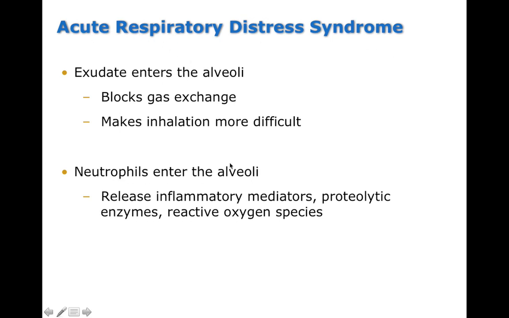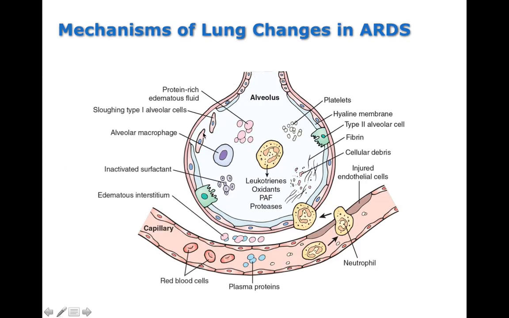Now, neutrophils can also enter the alveoli and release proteolytic enzymes and reactive oxygen species that cause further damage of the alveolar septa. So if you look at the pathogenesis of ARDS, there's some sort of precipitating damage here that causes sloughing of the type 1 alveolar cells.